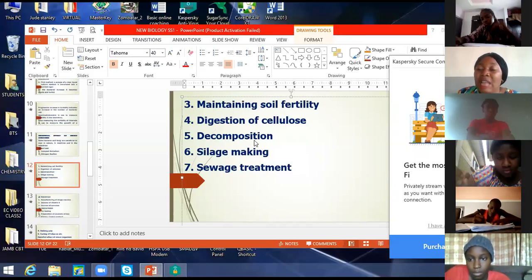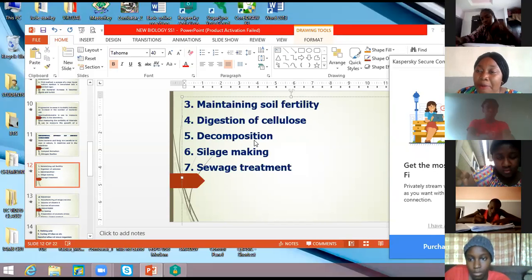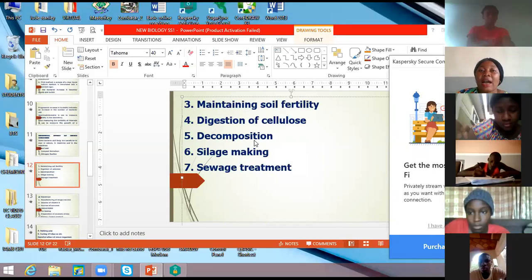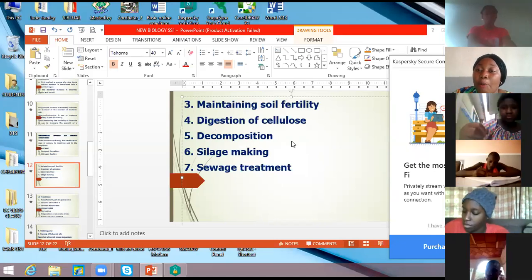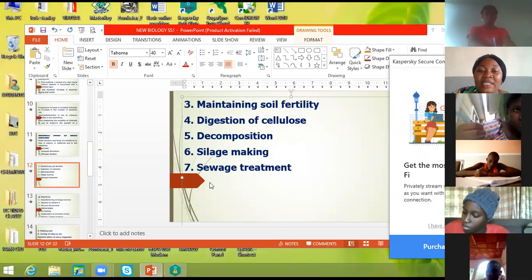Decomposition means saprophytes. Fungi are saprophytes. To decompose means they feed on and break down dead plants and animals. That is what we mean by decomposition. So fungi decompose, and we have silage making and sewage treatment.